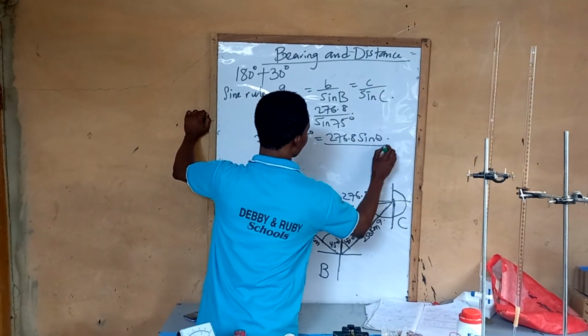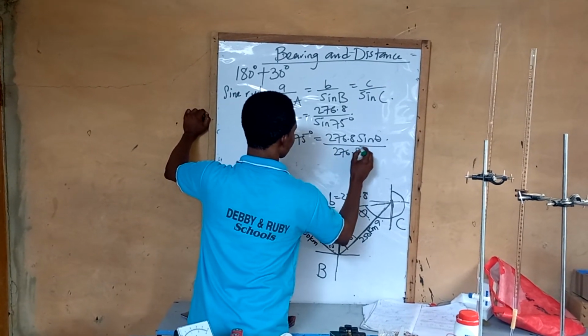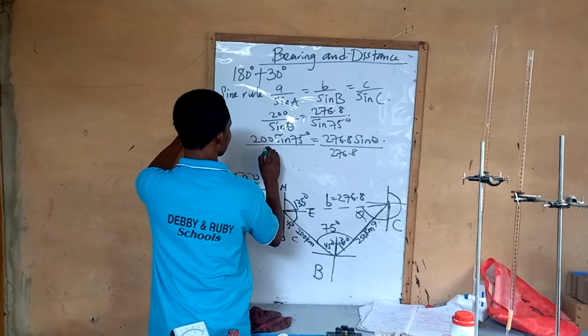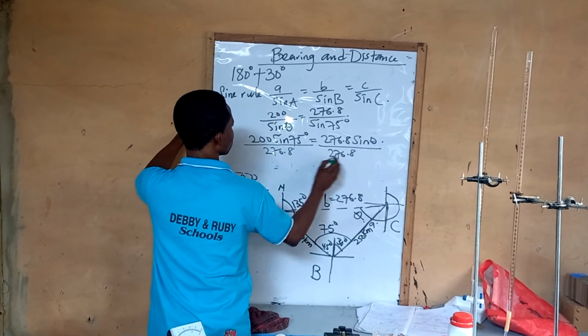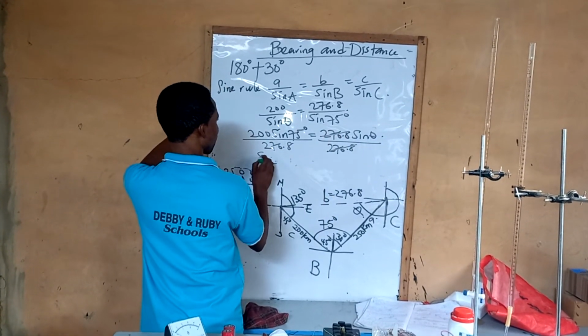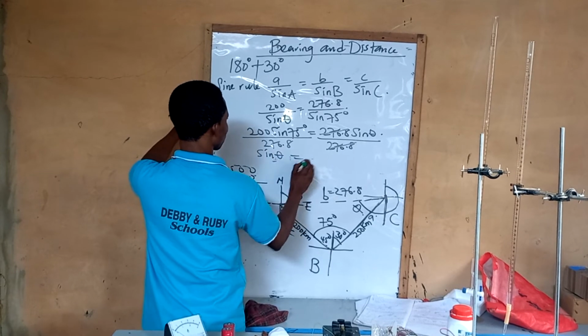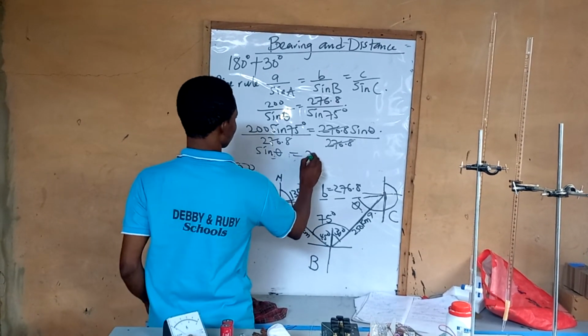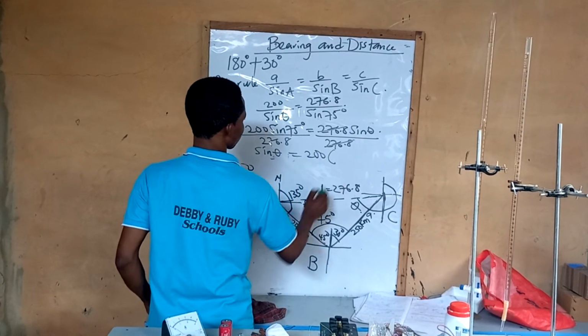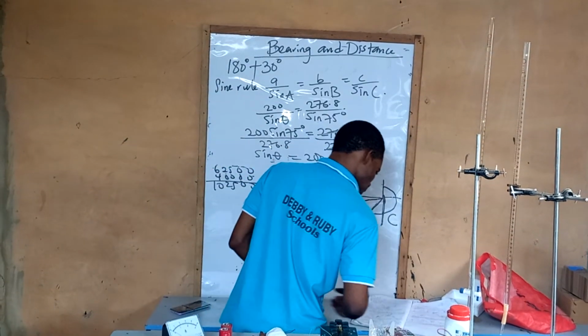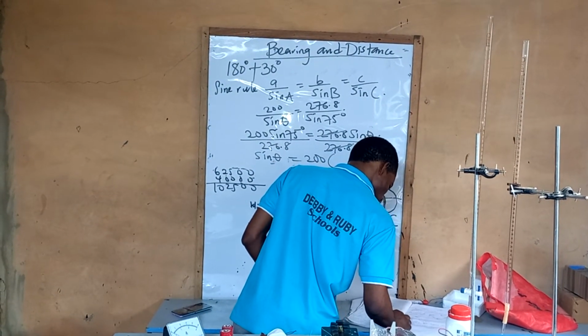That is 276.8. Sine theta equals 200 times sine 75, over 276.8.